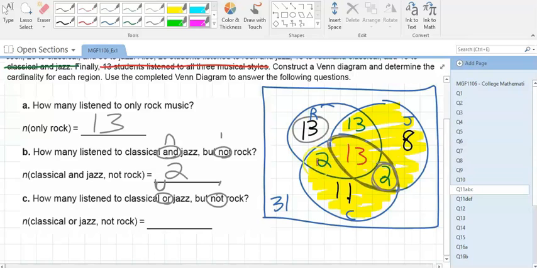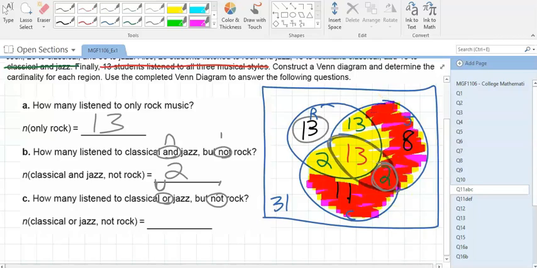We're going to throw out this 2 that's right over here, because this 2 is also in rock. So the only ones that we're really concerned with in the end are those that are right there. Those are the only ones we're concerned with, because those are the ones that are in classical and jazz, but not rock. So what is 11 plus 2 plus 8?